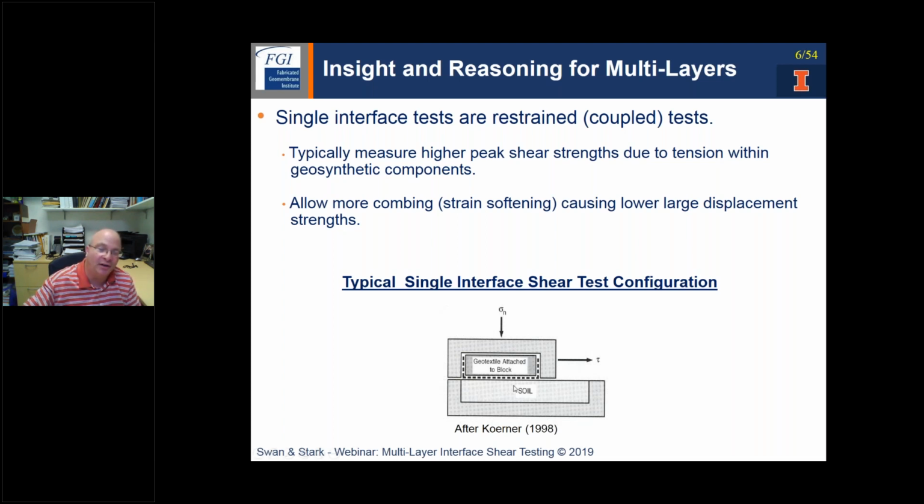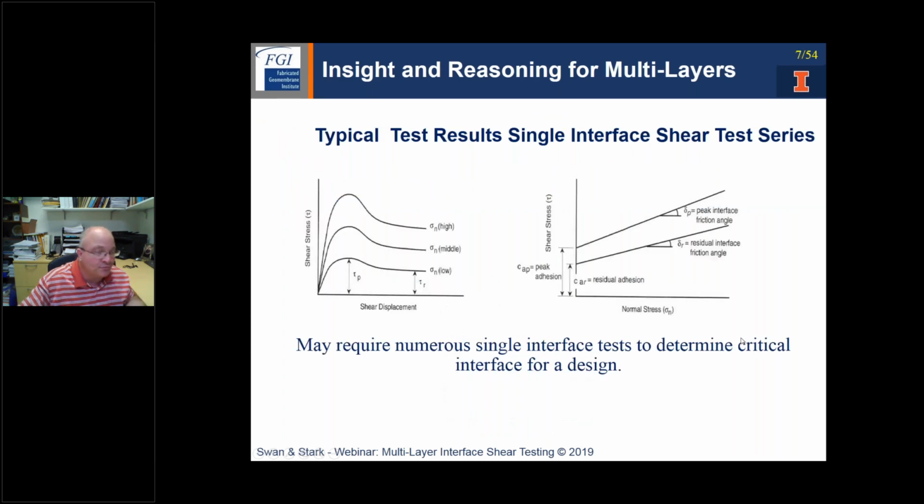So the configuration down here just shows you a typical single layer configuration. And from that, if we were to run a traditional interface test series where we were running 3 different normal stresses, again on the single interface, we would get, hopefully, a specific peak and then a large displacement result at some displacement, probably around 3 or 4 inches.